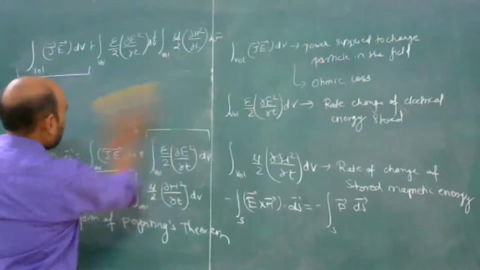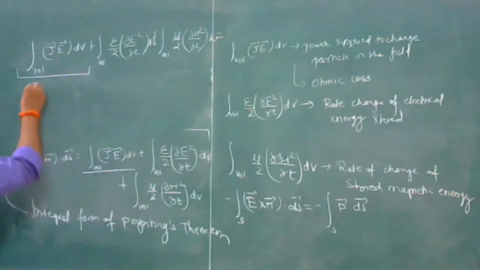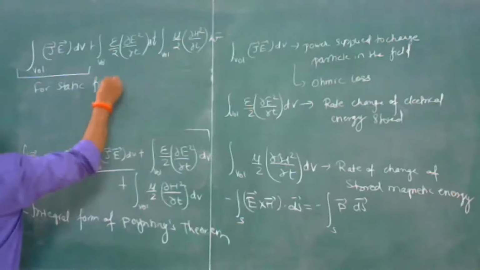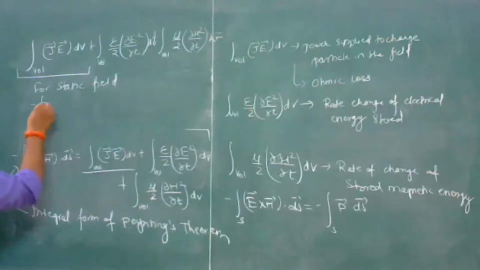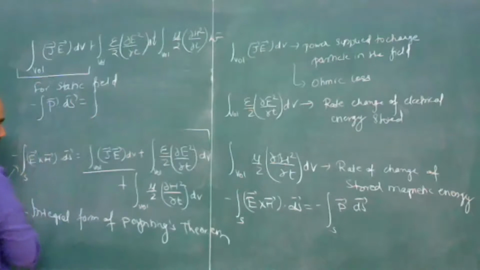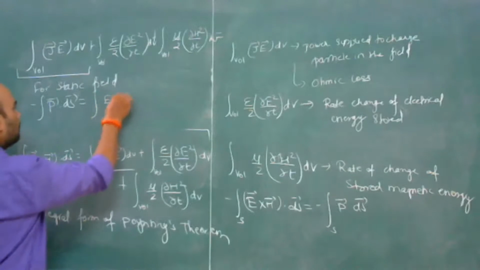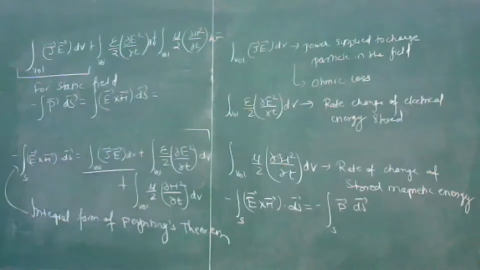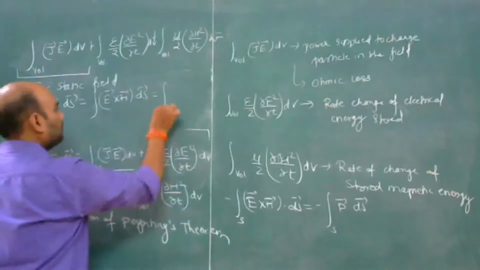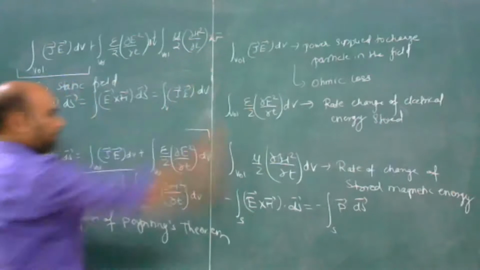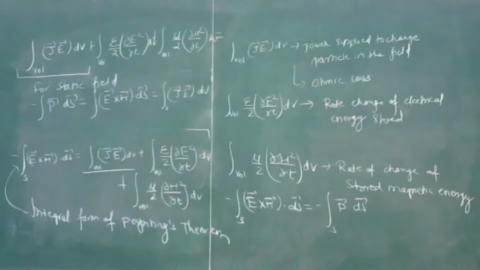So for a static field, minus P dot ds, that is E cross H dot ds, will be equal to the volume integral of J dot E. So there will be only ohmic power loss there.